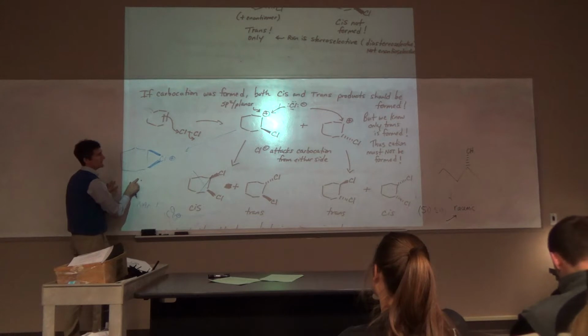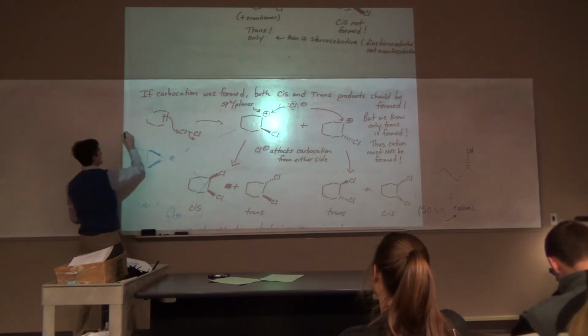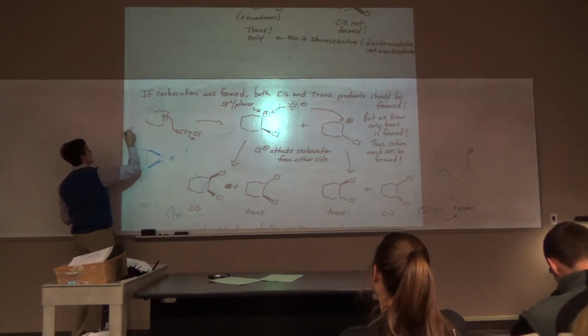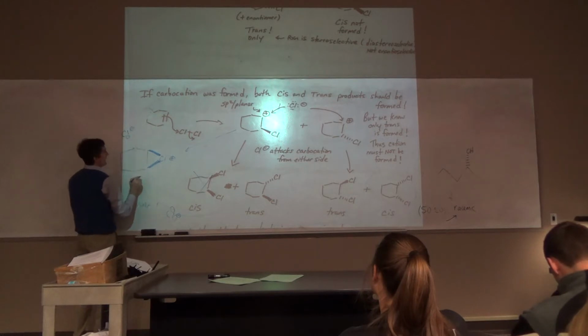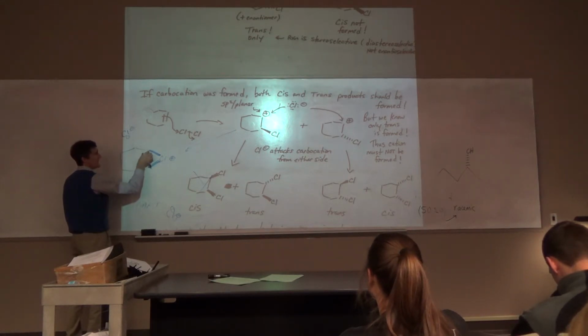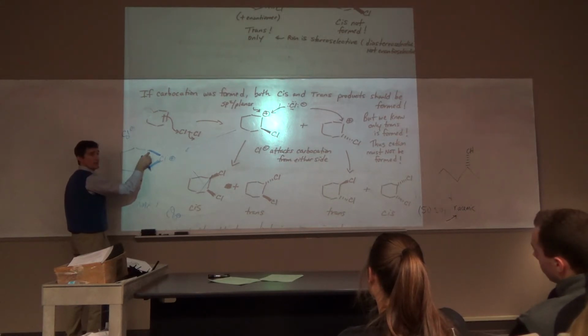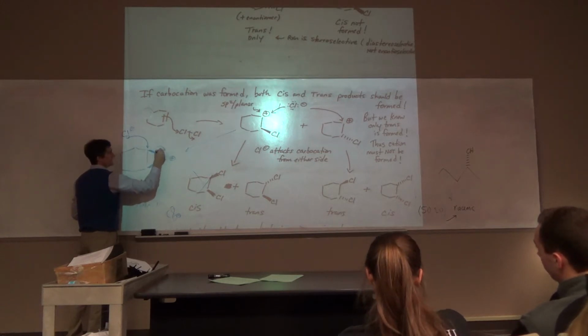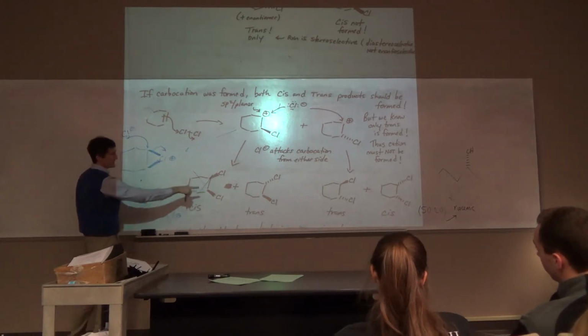This is the intermediate. Then the chlorine comes in, attacks here, and kicks this back off. But importantly, when it attacks here, how does this come in? Backside. We're attacking and kicking it off. It comes in only backside. And if you come in backside and kick this off, what do you get here?